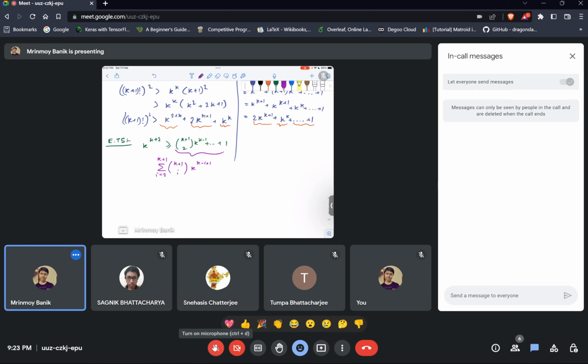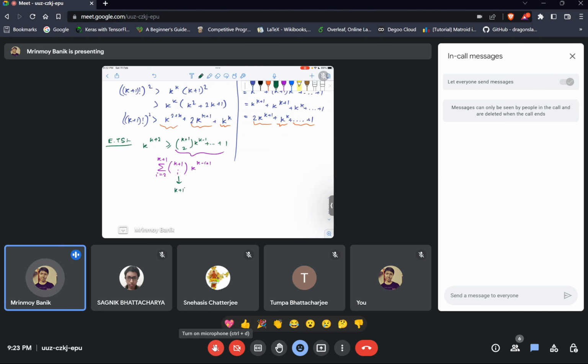Next, we have to bound these somehow. A very crude bound: each of these terms from the (k plus 1 choose i), we can think of it as getting i factors of something of the order of k.